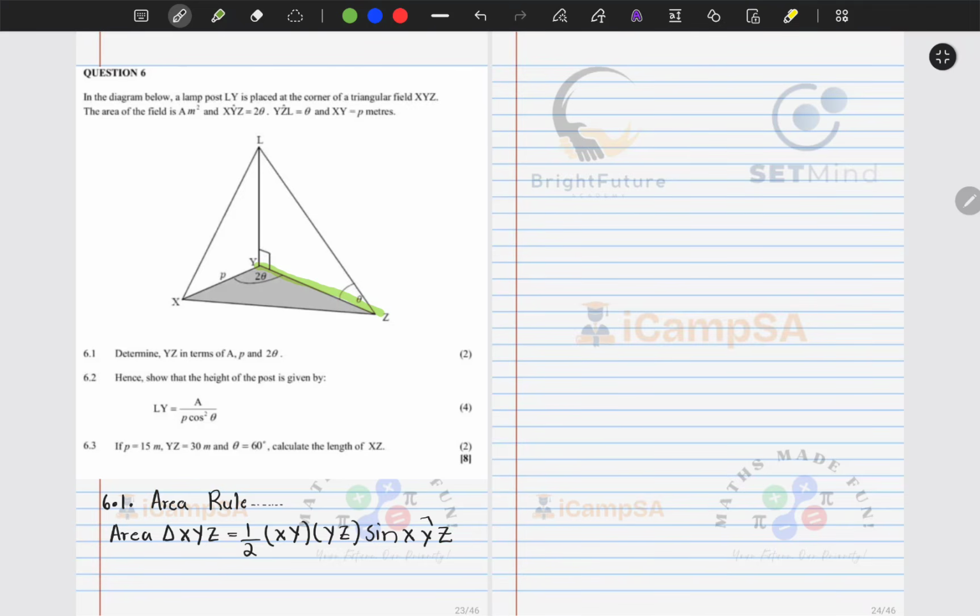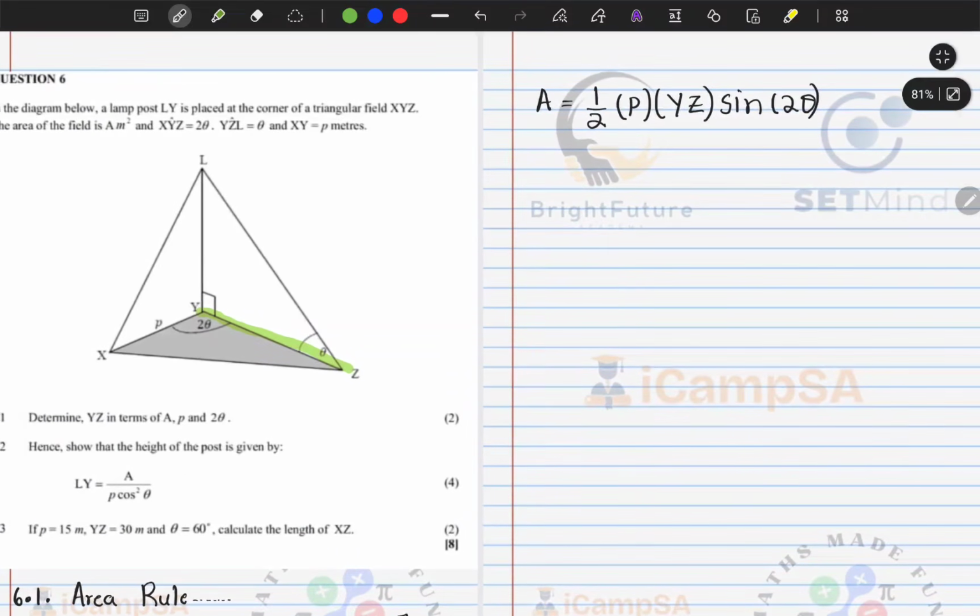That is just the definition of the area rule. Go and revise it if you are confused, but essentially we need two sides and an included angle. The area is given as A, so A equals half of P multiplied by YZ, and then sine of the angle 2 theta. That is the included angle.